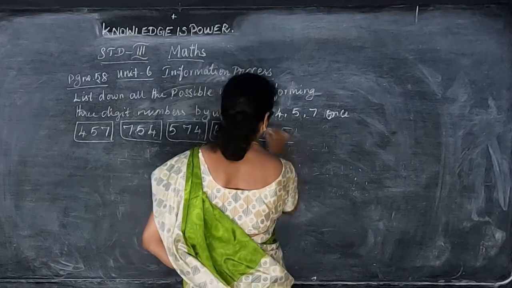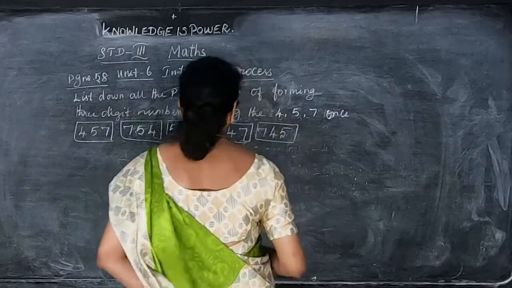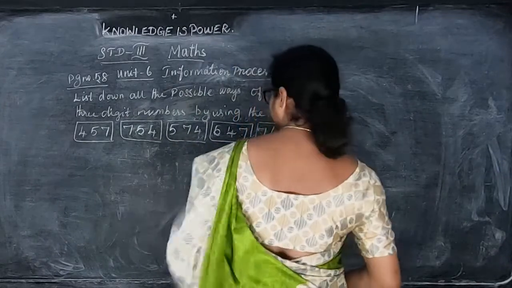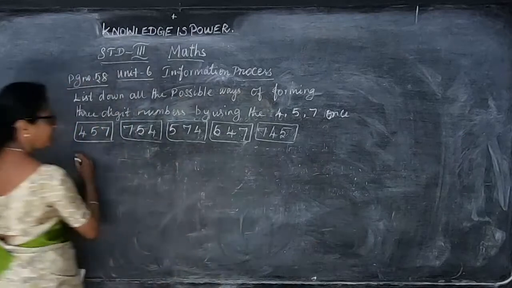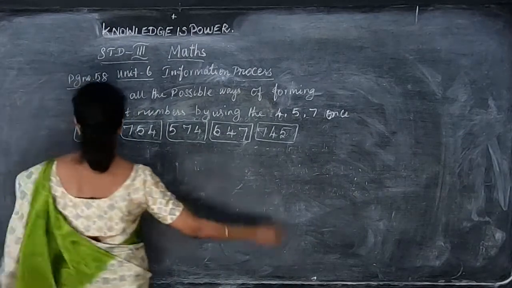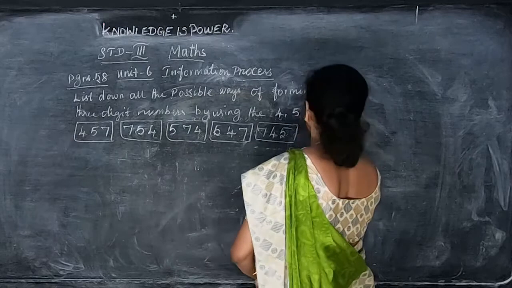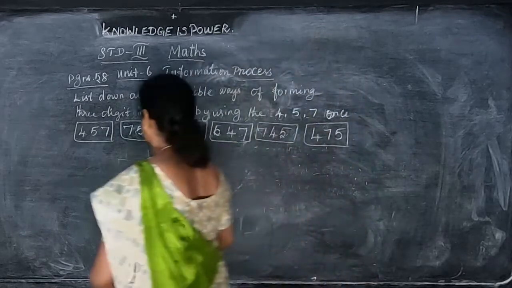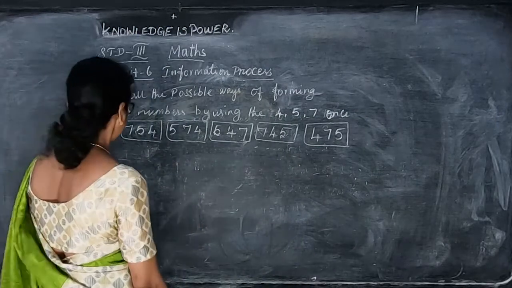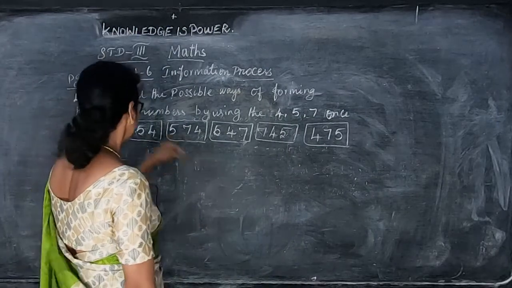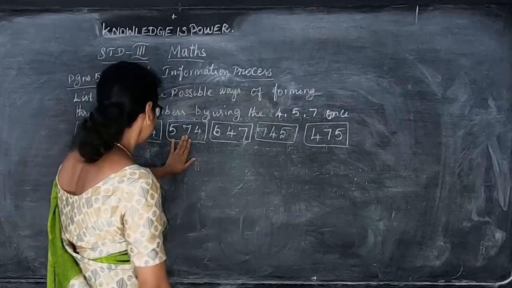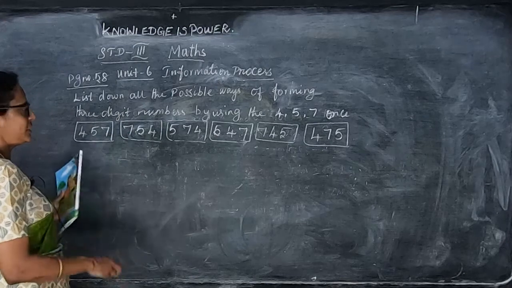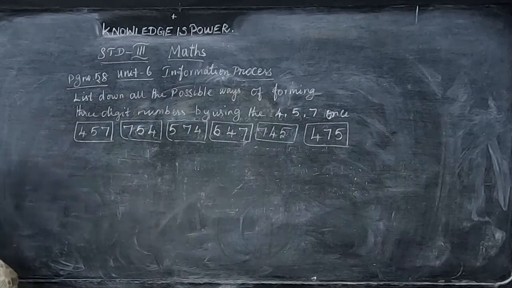Okay. 745, 754, 574, 547, then 457, then 475. Okay. So these are the 3-digit numbers, we have to use each only once. So 457, 754, 574, 547, 745, 475.